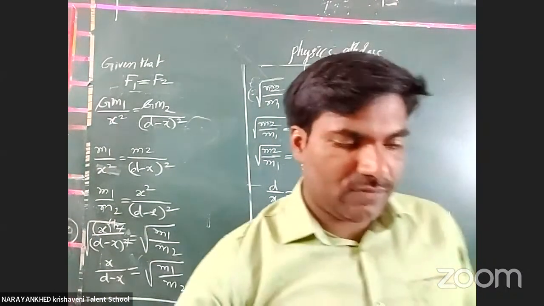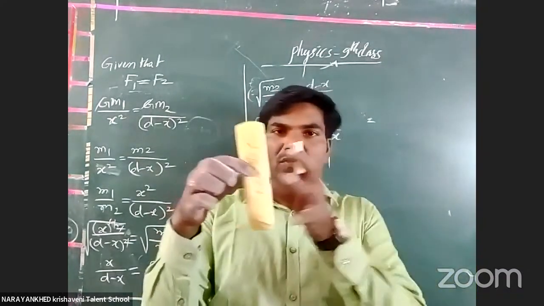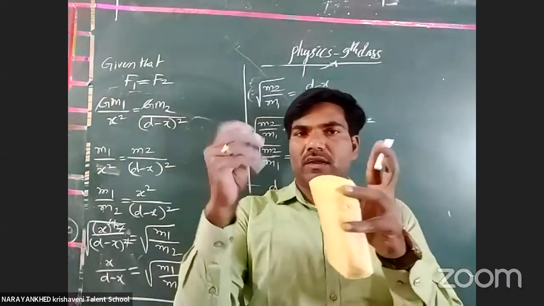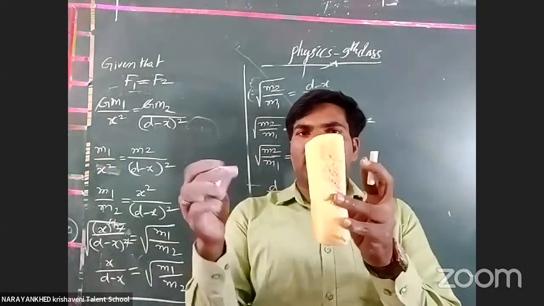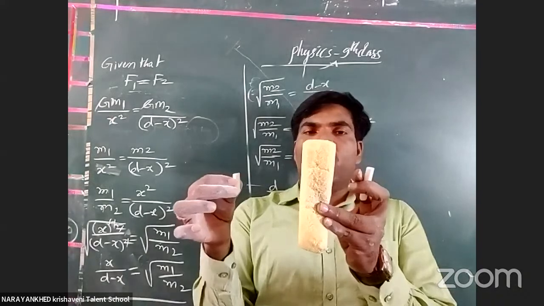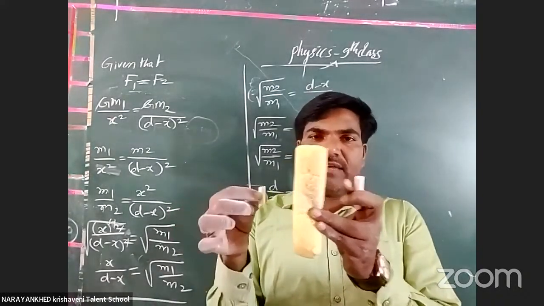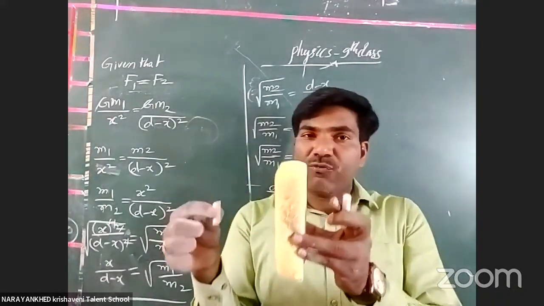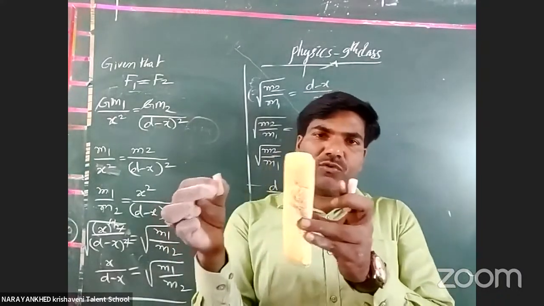Here we have taken one chalk piece, another chalk piece, and a duster, three things like this. Now, what is the distance between these two things when a net force is acting on the duster?